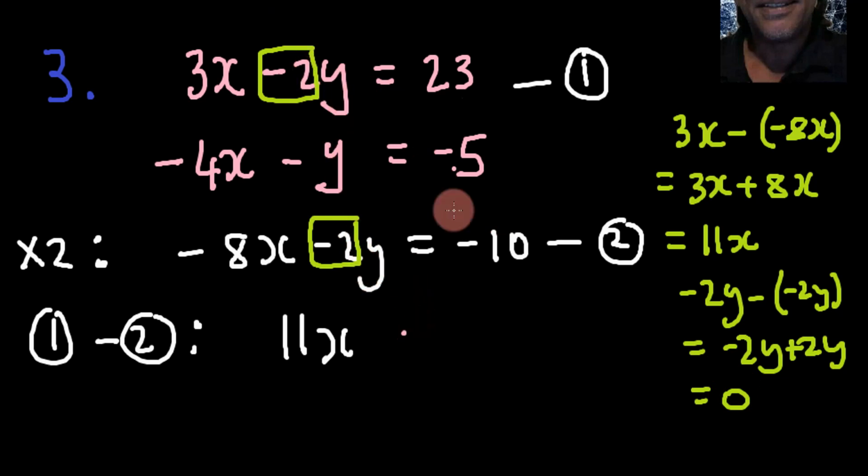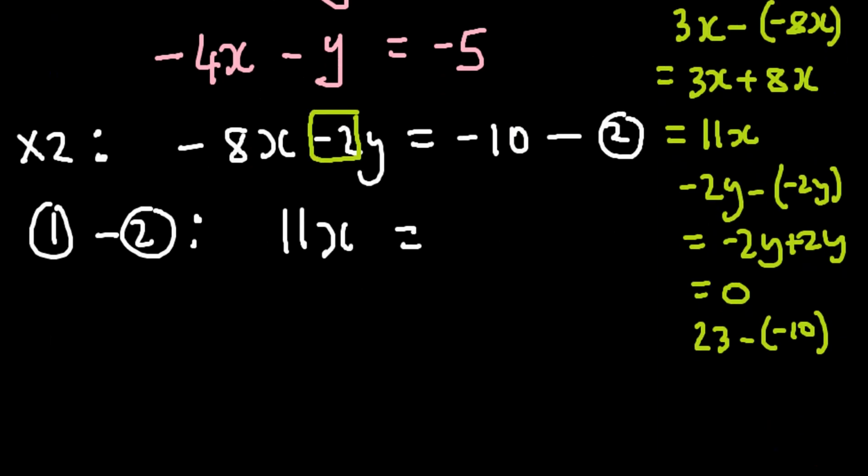Then on the right hand side, we also have 23 minus negative 10. And that of course is 23 plus 10. A minus times a minus is a plus, which is 33.